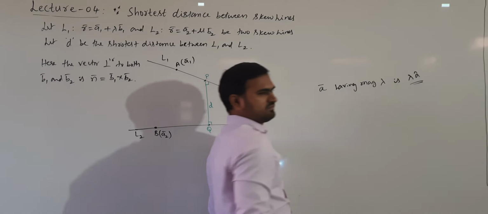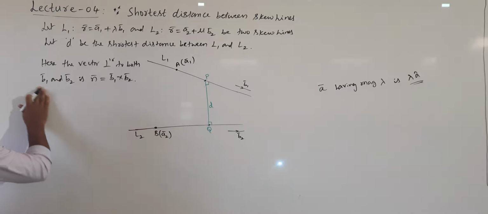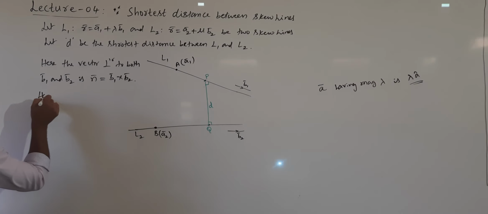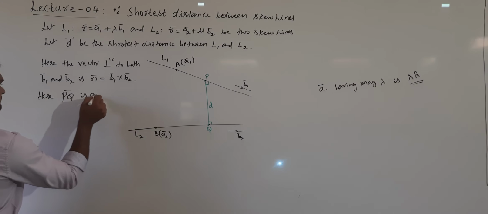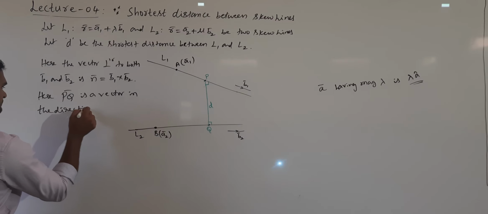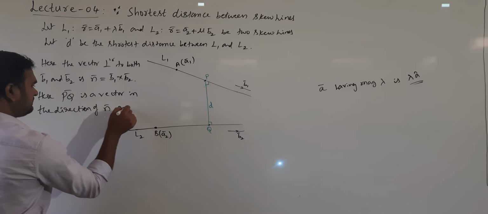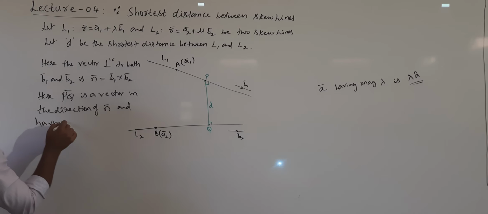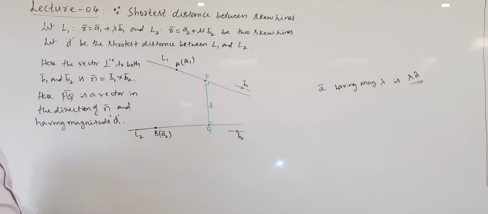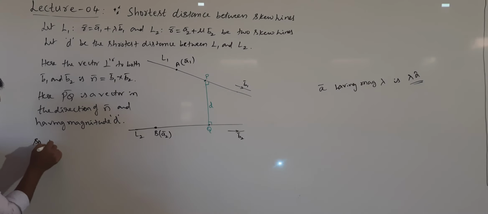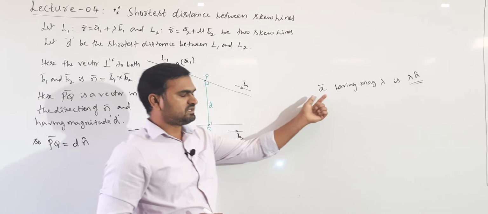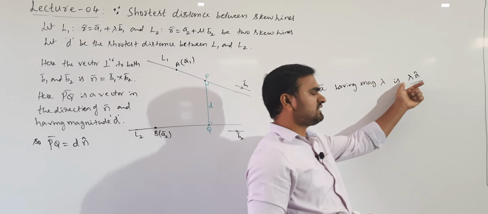So using that concept, PQ bar is a vector in the direction of n bar and having magnitude D. So how can you write vector PQ bar here? PQ bar is D times n cap.